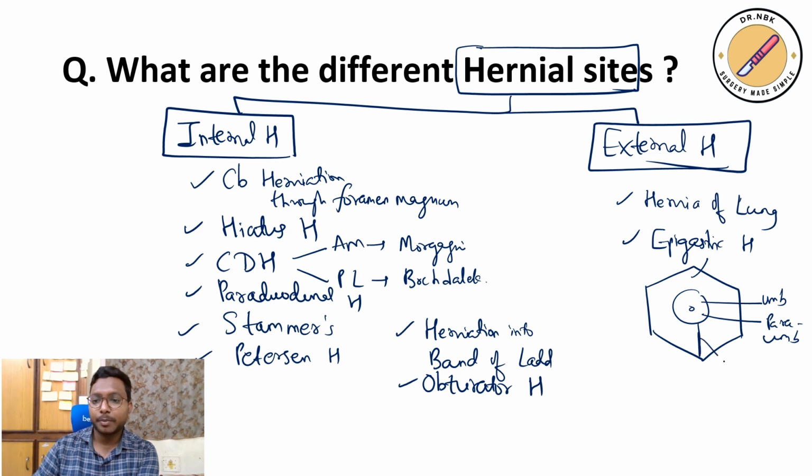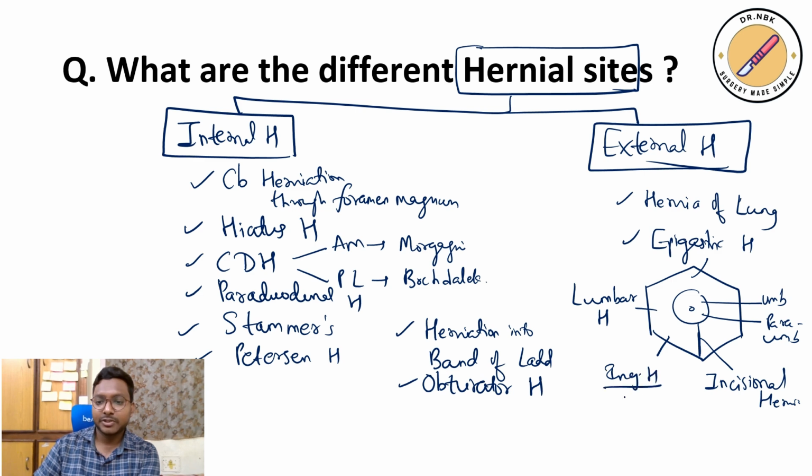If a hernia occurs through a previous incision, that is called incisional hernia. Then laterally you can have lumbar hernia in the lumbar triangle. Then is your inguinal hernia. Just below that is your femoral hernia. So these are the examples for your external hernias.